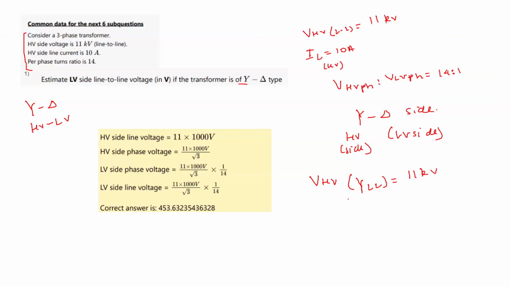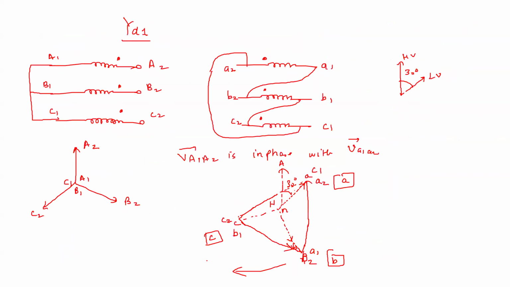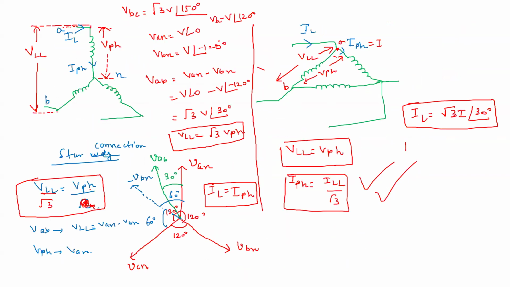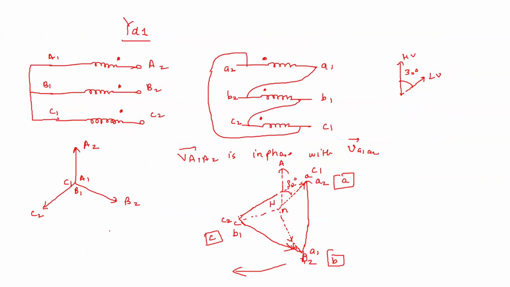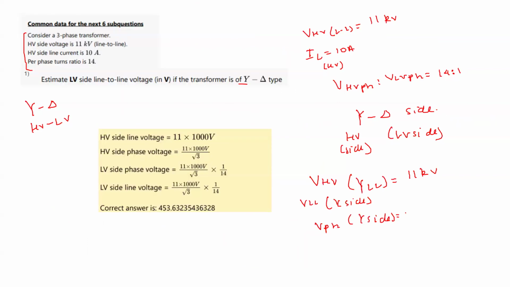So this is V line to line, star side. Now what will be V phase, star side? We have discussed the relation between the phase voltage and line to line voltage for a star connection. Phase voltage is line to line by √3.